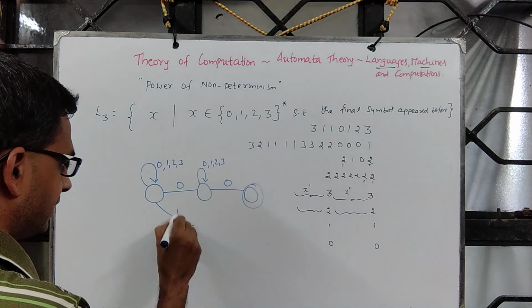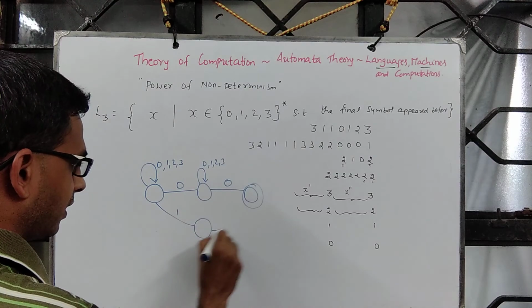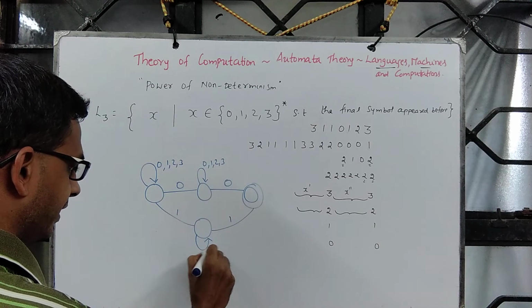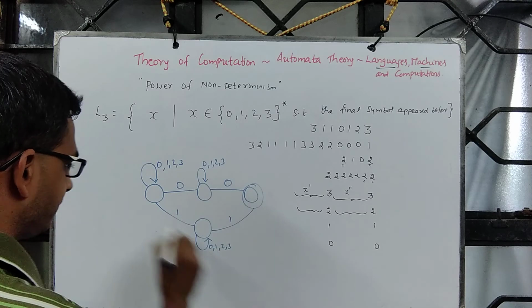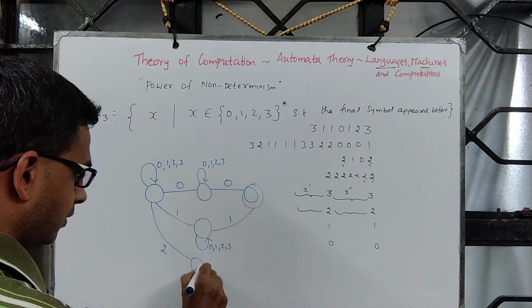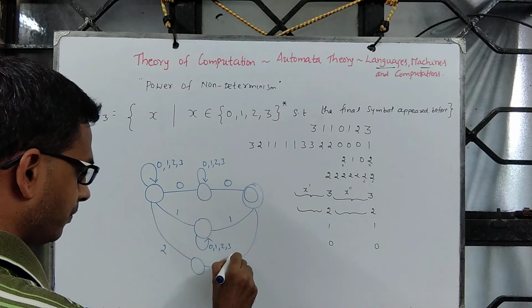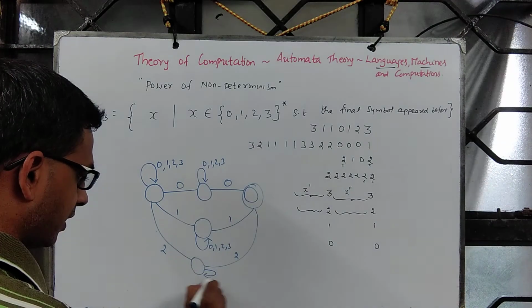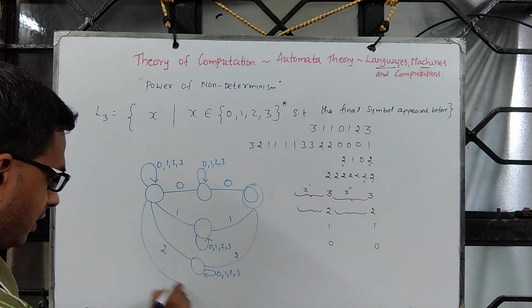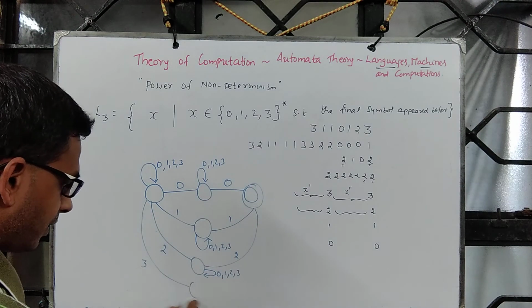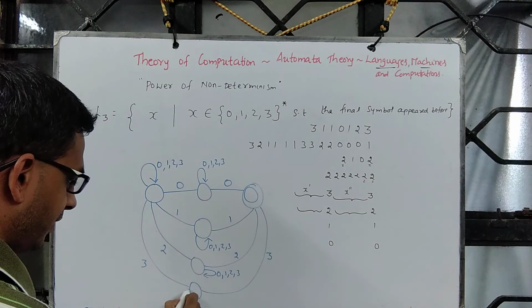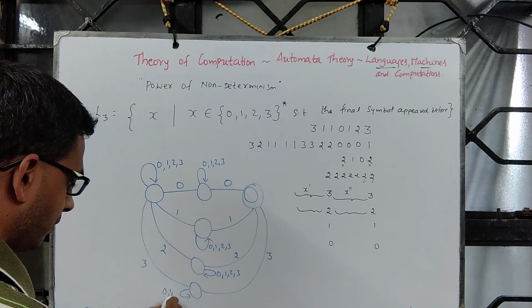Or we may see a 1 and see another 1. In between, we may see 0, 1, 2, 3. Or we may see 2 followed by a 2. In between, 0, 1, 2, 3. Or we may see a 3 followed by a 3. In between, 0, 1, 2, 3.